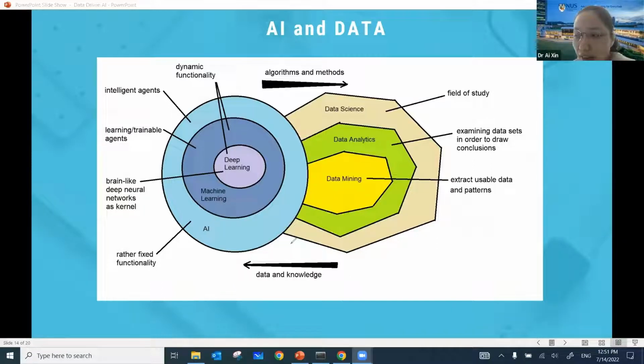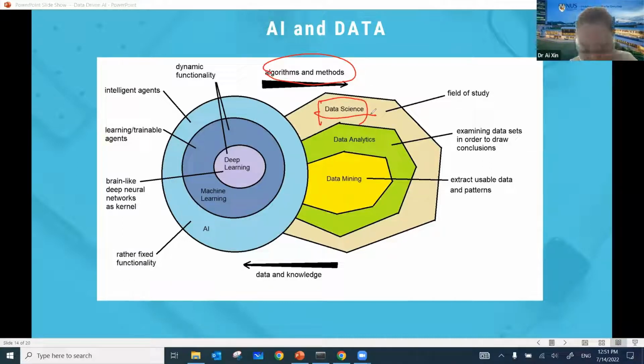Sometimes they're interchangeable. But the general idea is AI focuses on algorithms and methods. So with AI, machine learning, and deep learning, we develop many algorithms and models for you to solve your problem. Data science focuses on data.